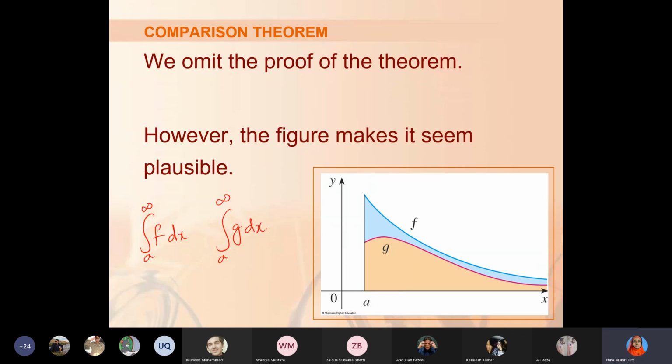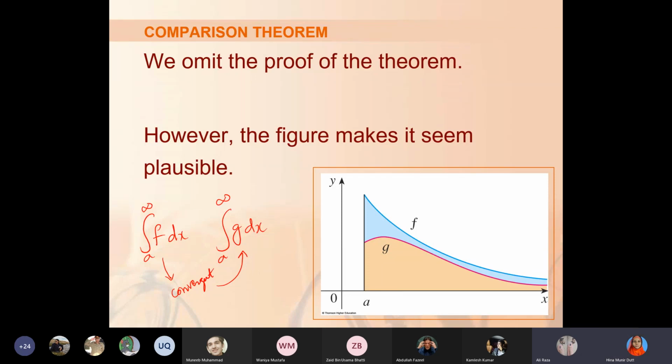Now, if the integral of the top function is convergent, what about the integral of the bottom function? Is it convergent or divergent? Can you say anything about it? Yes, ma'am, it is also convergent.